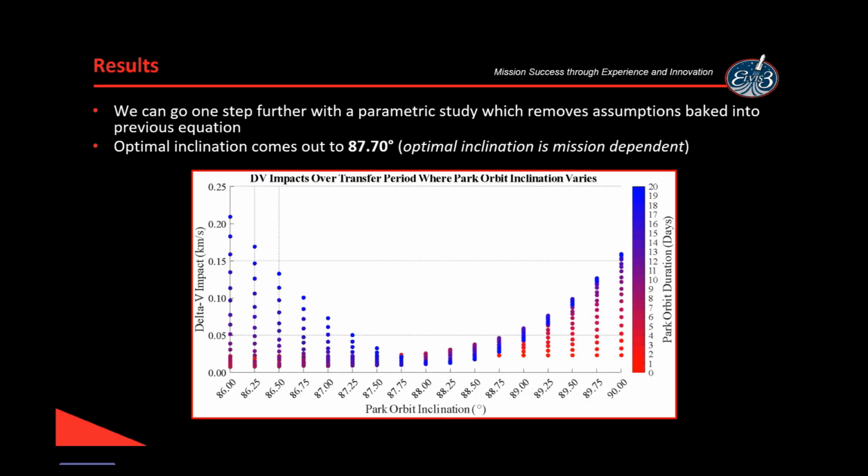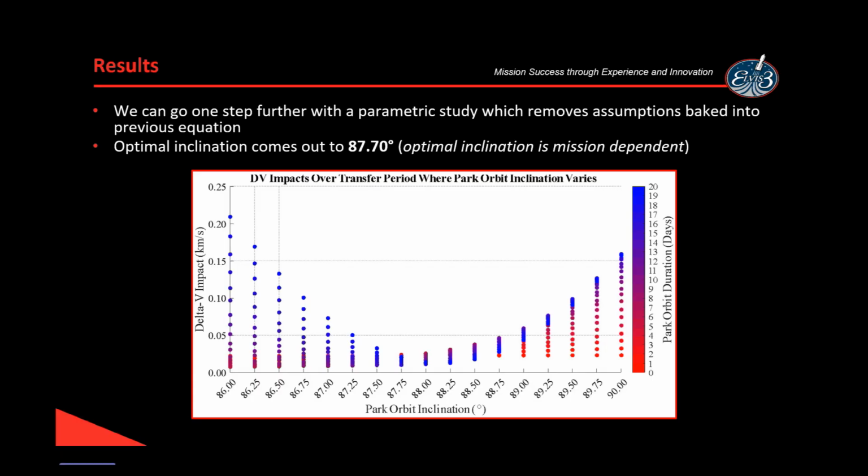I did this analysis in increments of about 0.05 degrees, but I'm only showing the quarter increments here for clarity. You can see we get this bowl shape where the maximum delta V for each case decreases in the middle to its minimum, and then increases again after that. It turns out that the optimal inclination is 87.7 degrees, again, for this particular case.